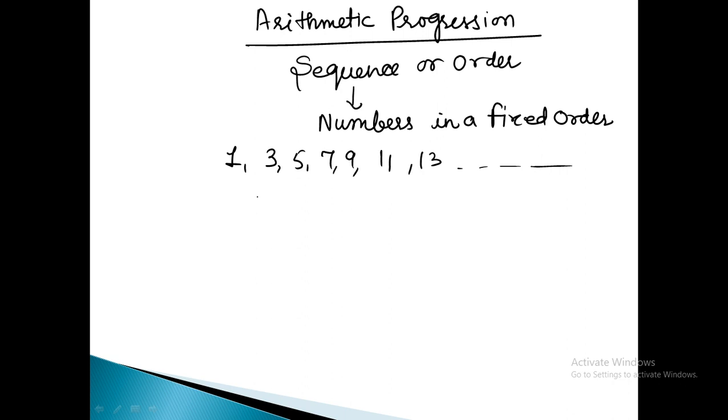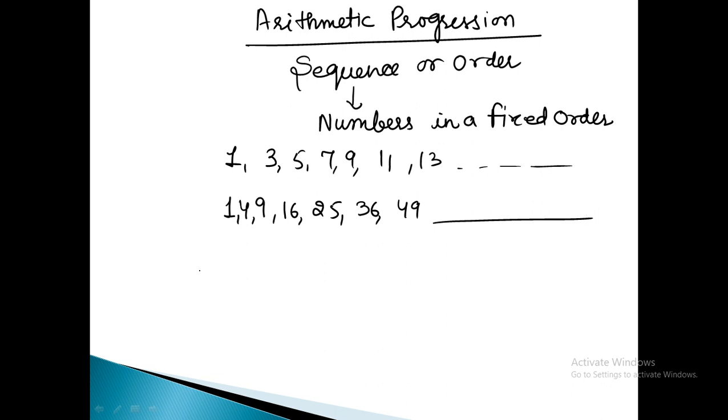Each successive number is greater by 2 than the previous number. Now the next sequence is given: 1, 4, 9, 16, 25, 36, 49. In this sequence, each term is the square of successive natural numbers.